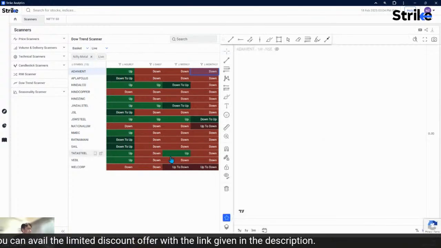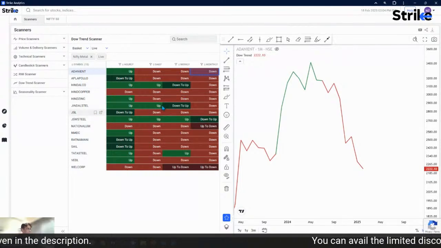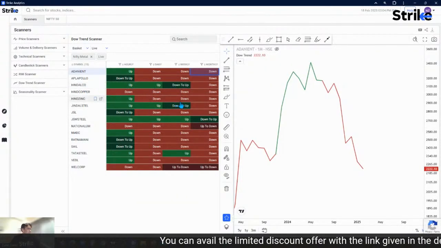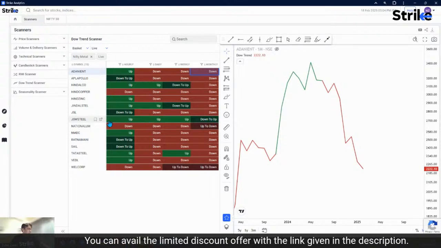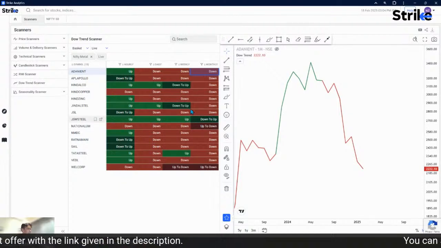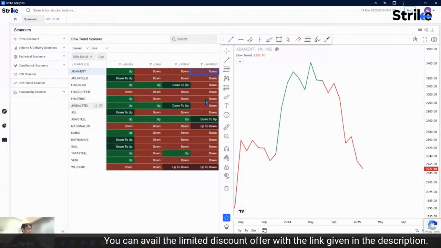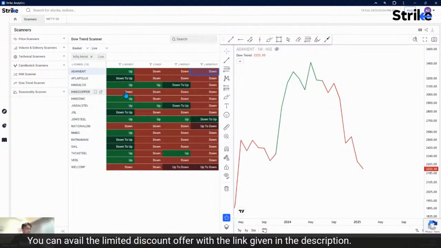In the metal counters, you can find the stocks which are changing trends. Hindalco, Jindal Steel, JSW Steel are some stocks where most of the time frames are in green. And Welspun is in a completely red trend, National Aluminium completely red, Hindustan Copper in red.